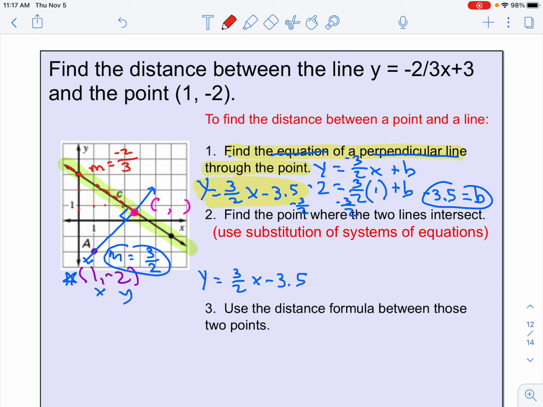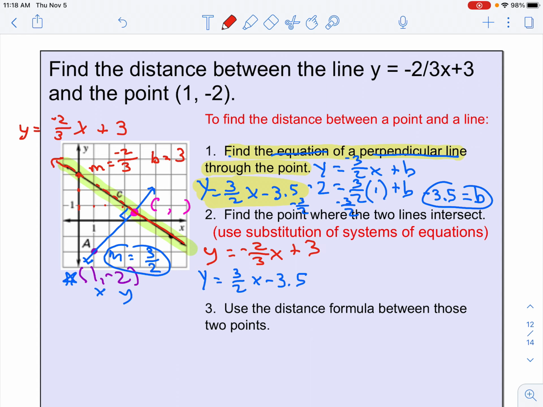So this equation right here of the given line, the slope is -2/3, the y-intercept, the b value, just from the graph, is 3. So the equation of this line right here is y equals -2/3 x plus 3. So y equals -2/3 x plus 3.